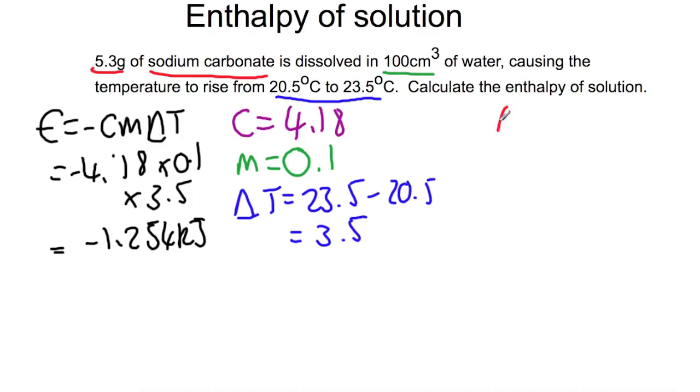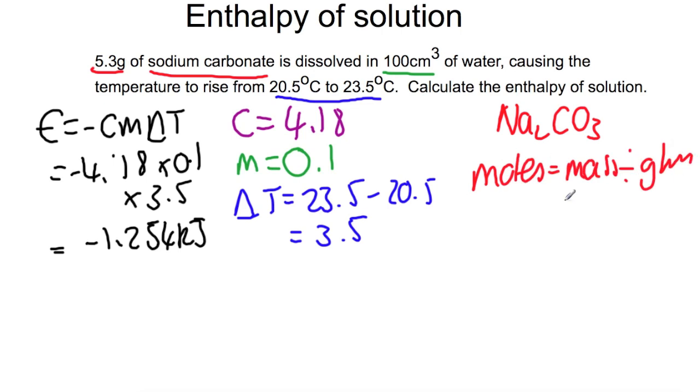So for sodium carbonate, you have a formula of Na2CO3. And just like before, you're going to work out the moles as mass divided by gram formula mass. So we have 5.3 grams. We have a gram formula mass of 106. So we dissolved 0.05 moles.